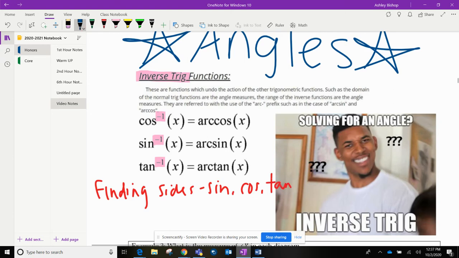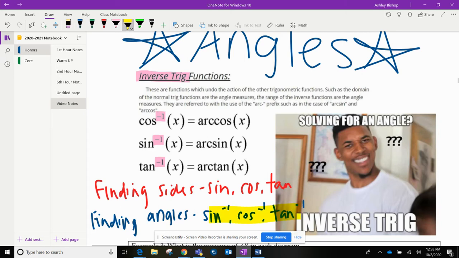When we are looking for angles now, which is what we're doing today, finding angles, we're going to use arc sine, sine to the -1, arc cosine, so cosine to the -1, and arc tangent, tangent to the -1. So please make yourself aware of this difference here.